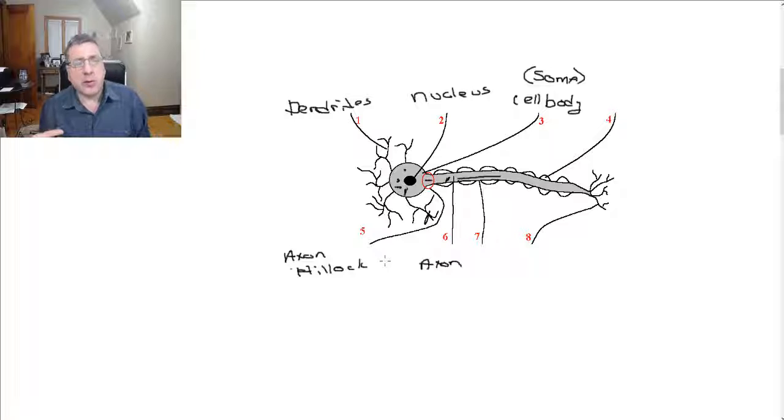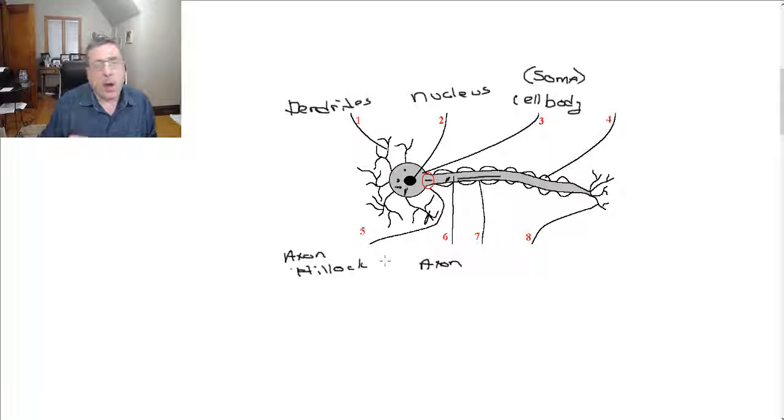It sends a signal towards the cell body. The cell body then sends that signal onto the axon hillock, and then the axon leaves the axon hillock. So the signal goes from the dendrite to cell body to axon hillock to axon.